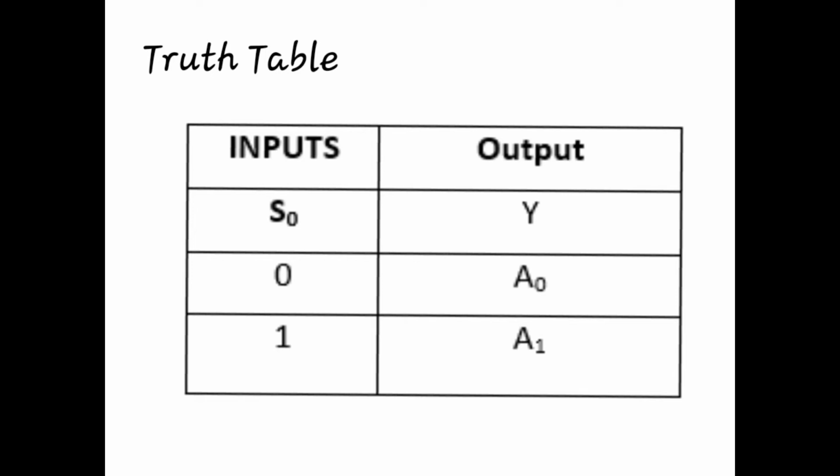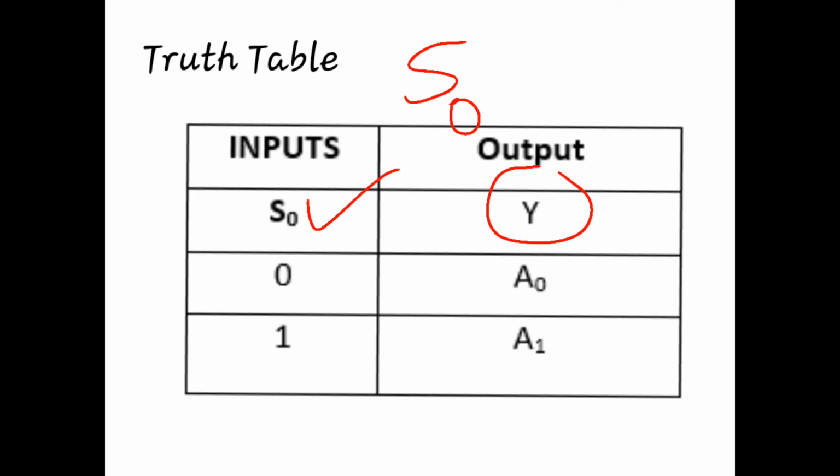Now, what is the truth table of this 2 by 1 multiplexer? As we know, the selected input will be the output, and this selection of input depends upon the value of the select lines. In a 2 by 1 multiplexer we have a single select line.